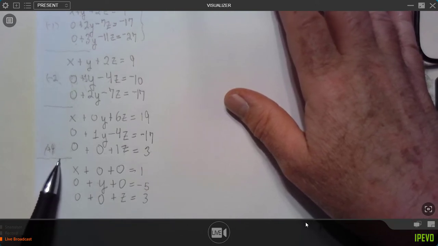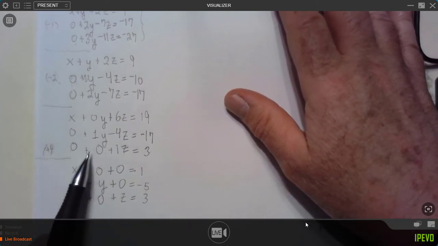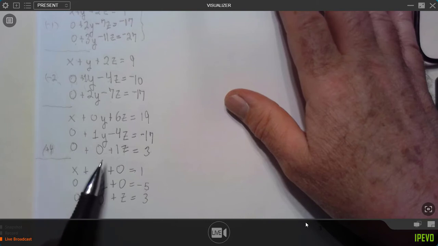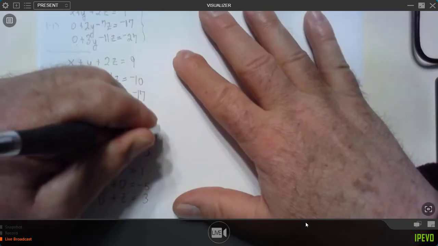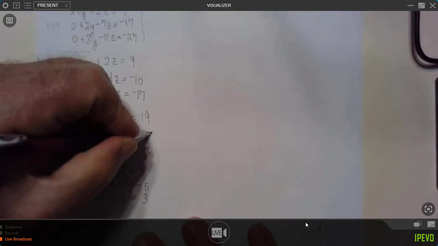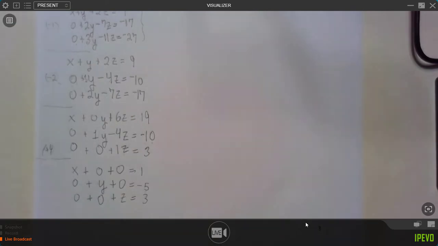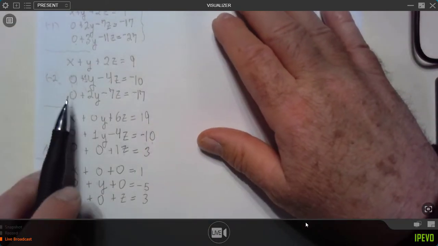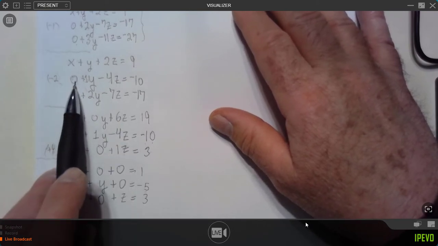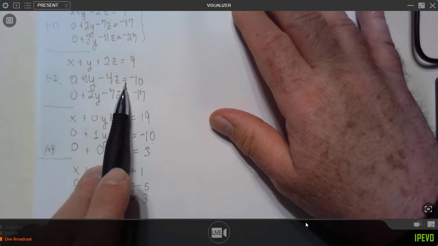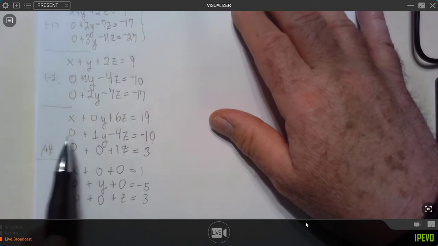So let's see if we can find that. It's right here. That's supposed to be a 10. And it was just a copying error. 0, 1y minus 4z minus 10. That row is not changed.